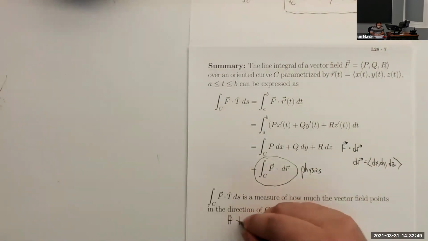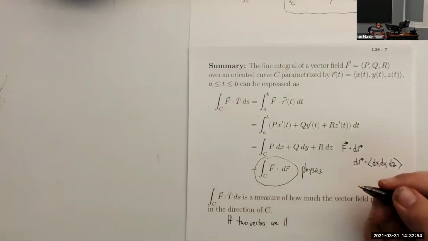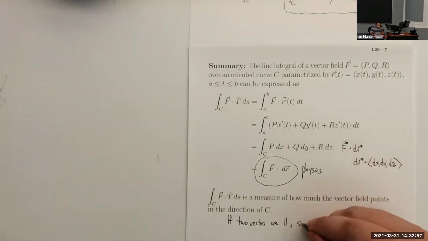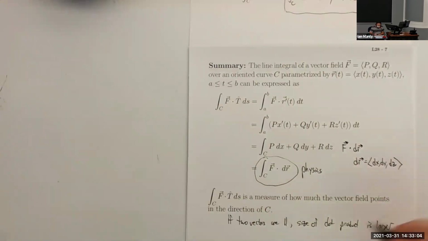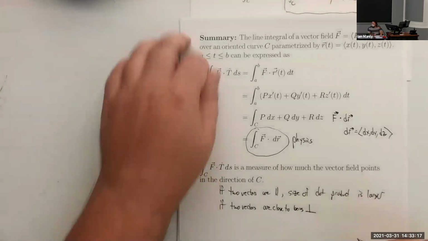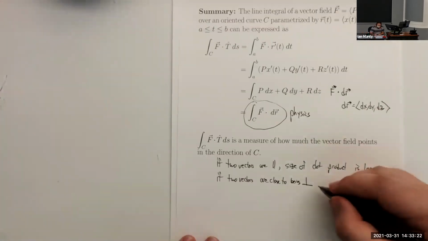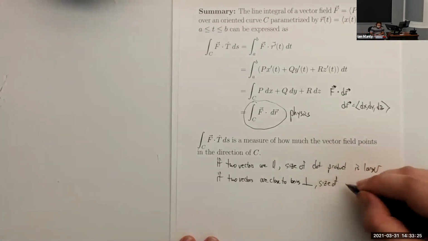If 2 vectors are parallel to one another, the size of the dot product is larger. But on the other hand, if 2 vectors are close to being perpendicular, meaning they're going in opposing ways right here, then the size of the dot product is smaller.